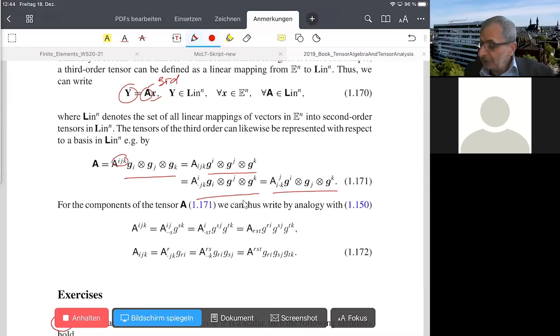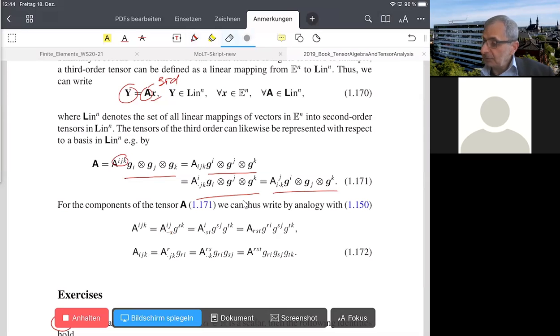Even here, you see, we need even two dots, right? In order to specify that I is the first index, J is the second one, and S is the third one, and so on, right? But important here, maybe, is that we can move these indices up and down again using these matrices Gij.